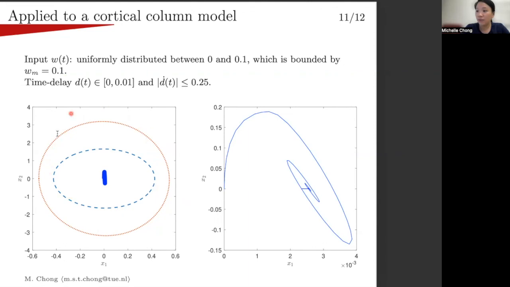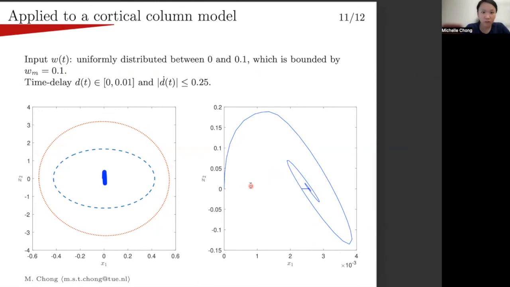outer ellipsoid in red without minimizing the volume of the ellipsoid. But actually, before going into that, I'd like to point out that the solid blue line is the reachable set. And on the right, we've plotted the solution to the model for a very particular choice of a bounded input.